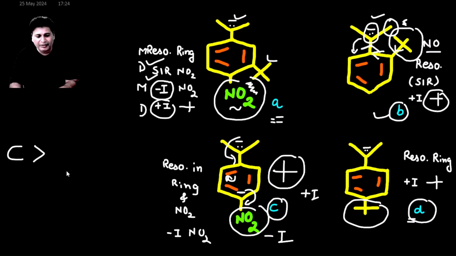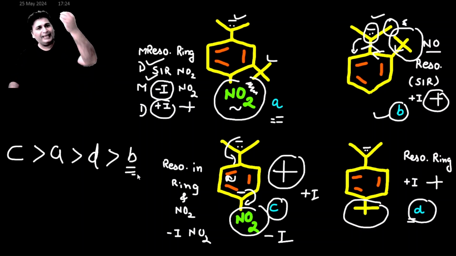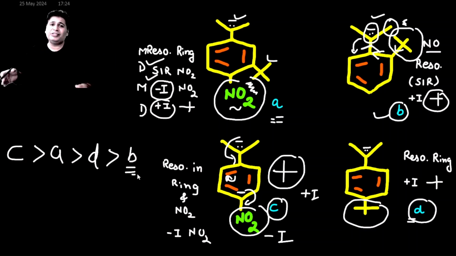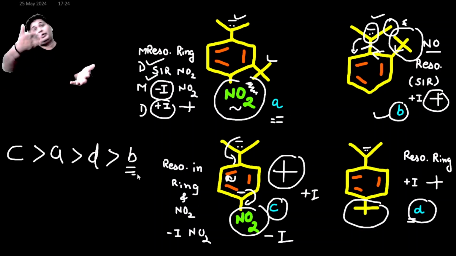So after C will come A, and after A will come D, and finally the struggling one is B, because not just does it lack the ring resonance, it also lacks the NO2 group, and to make the situation worse, it has the tertiary butyl group which is feeding electrons to a place where there are already lots of electrons. You did not want to make it more dense. You had to take the electrons away.